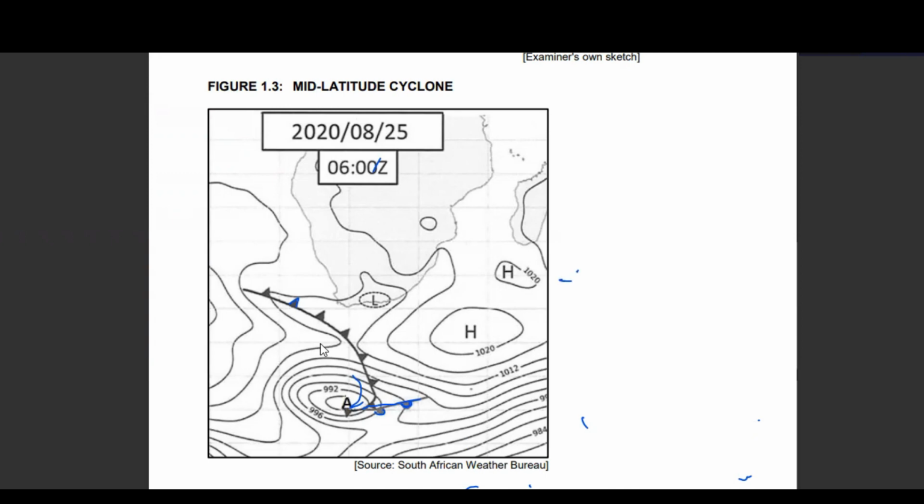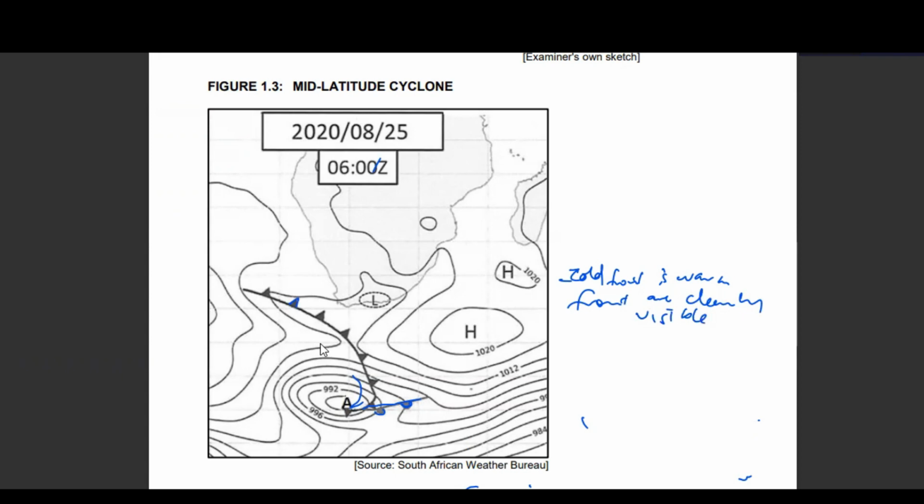So evidence number one is that the cold front and warm front are clearly visible. You can easily see them.